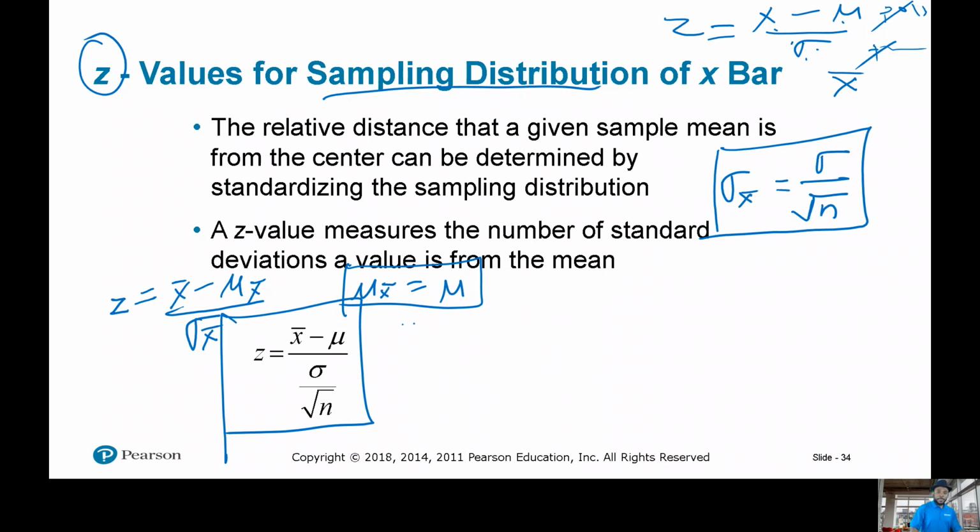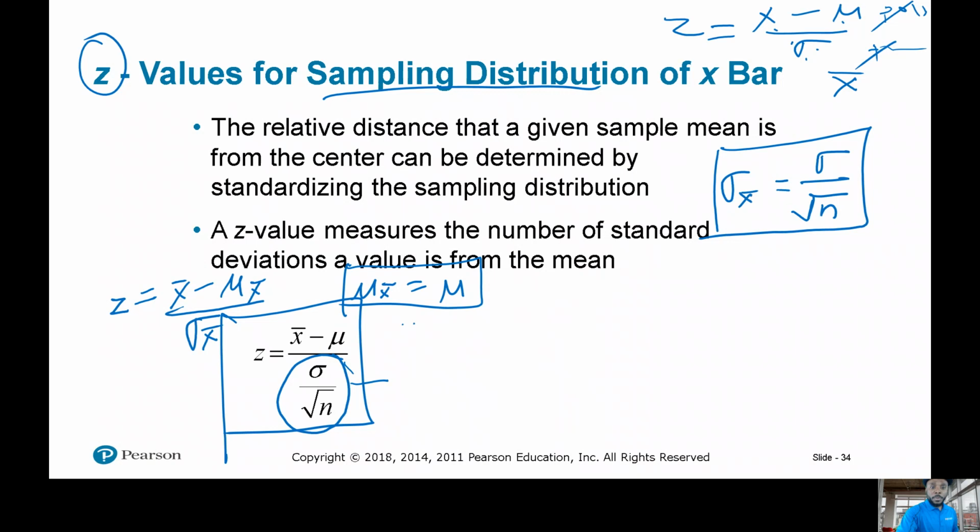So that's our z. Remember that it's the standard deviation of the population divided by the square root of n. And that is the value that you're going to put into Minitab for those who are using Minitab. This represents the standard deviation, known as the standard error, which you would use in Minitab.